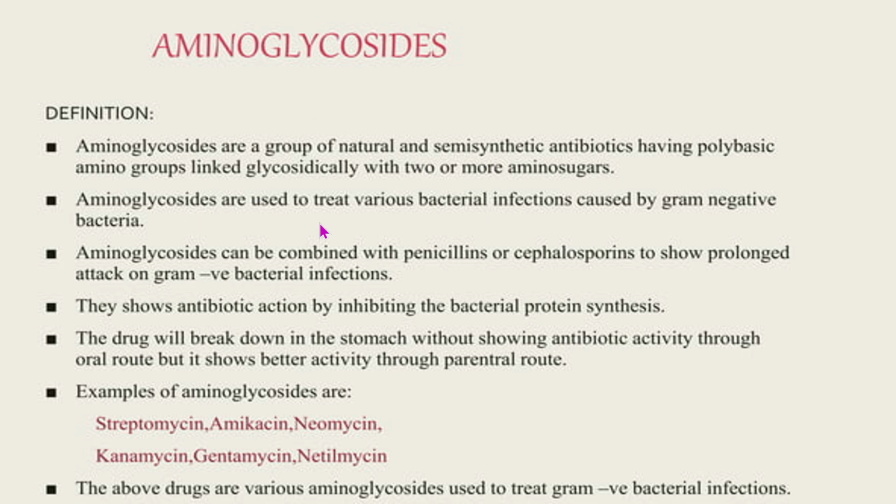Now aminoglycoside antibiotics are used particularly to treat bacterial infections caused basically by gram-negative bacteria. So we can say this is a narrow spectrum type of antibiotic, because it is selectively used against gram-negative bacteria.